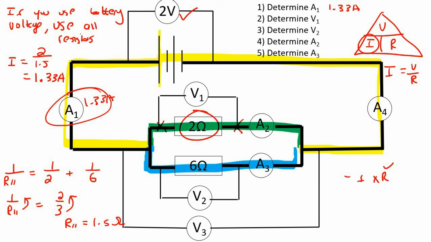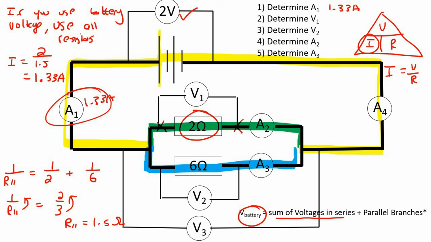What we're rather going to do is remember this formula, which tells us that the voltage of the battery is equal to the sum of all of the voltages in series plus the parallel branches. Now, this circuit doesn't have any series resistors, so there's no voltages in series, so we can ignore that.